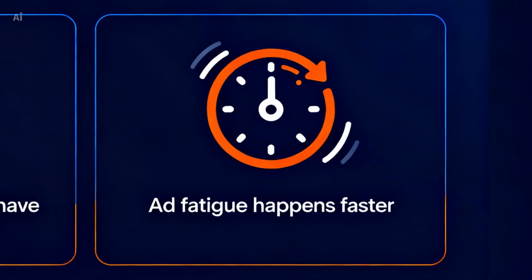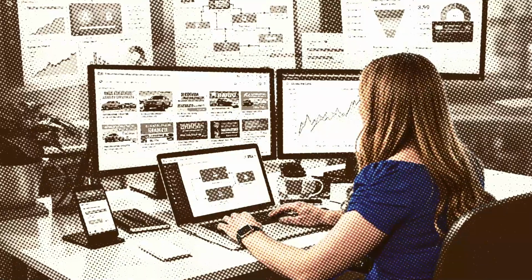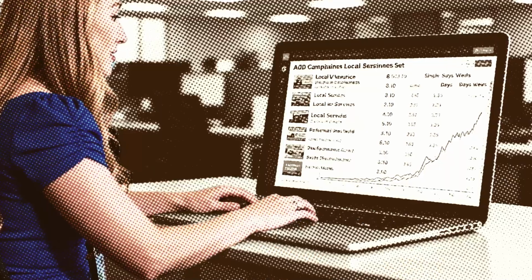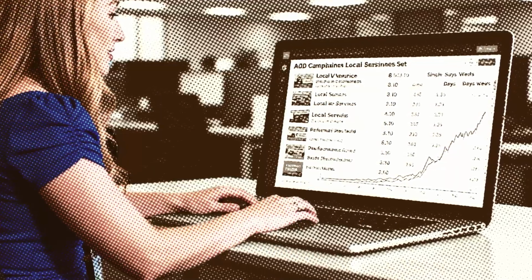Second, ad fatigue happens faster. When one creative absorbs most of the spend, frequency rises faster. That creative reaches the same segment of your audience more quickly, and performance begins to decline sooner. Before Andromeda, I would run campaigns for local service businesses and test 8 to 10 variations in a single ad set.